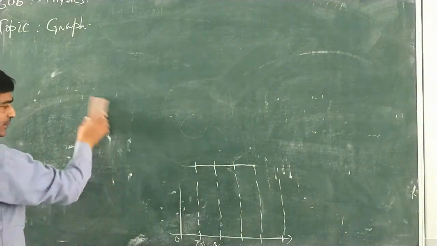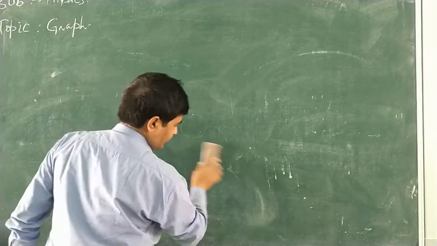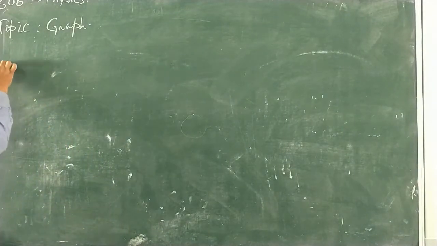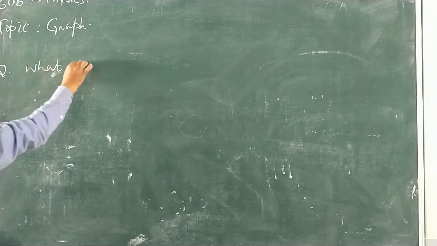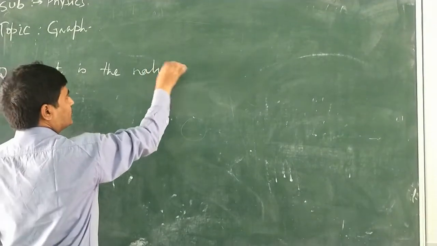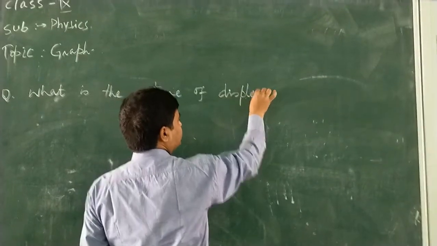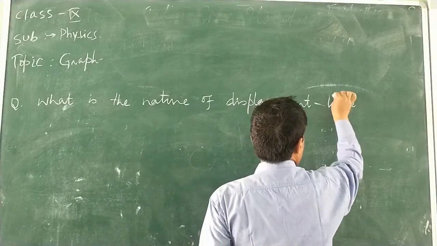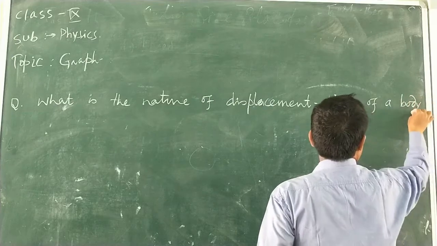Question number 1: What is the nature of displacement time graph of a body in rest?